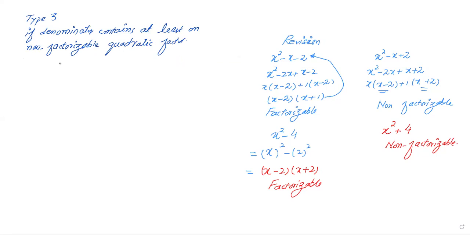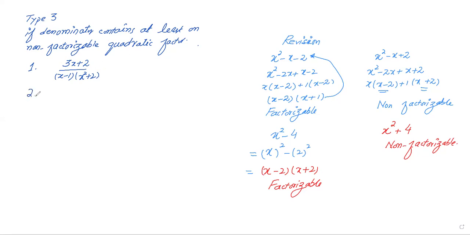The first example is 3x plus 2 divided by x minus 1 and x square plus 2. The first factor is the linear factor, and the second factor x square plus 2 is called a non-factorizable quadratic factor.